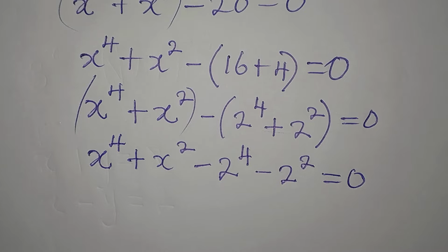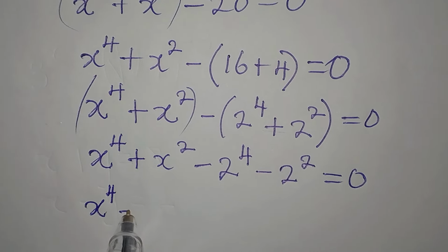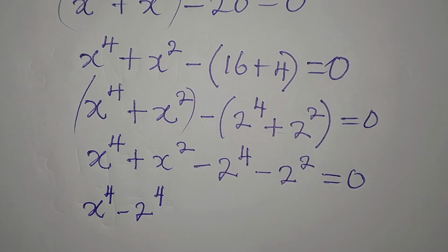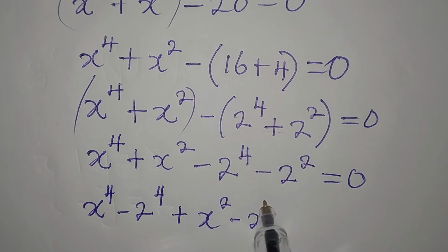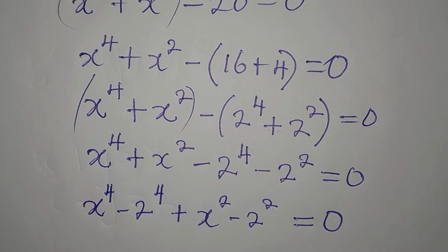Now let's regroup. x to the power of 4 will come together with minus 2 to the power of 4, since they are similar. Then we have x squared and minus 2 squared together, then we equate to 0.